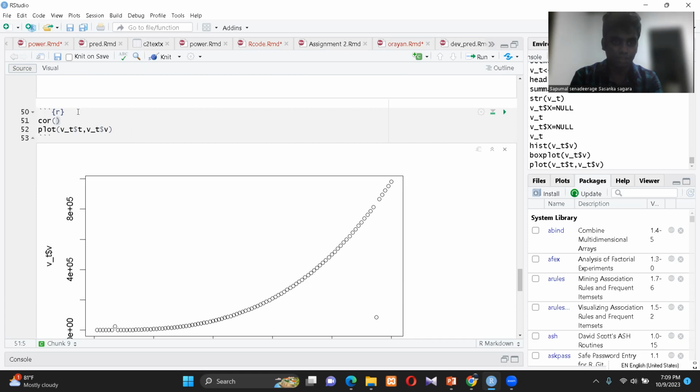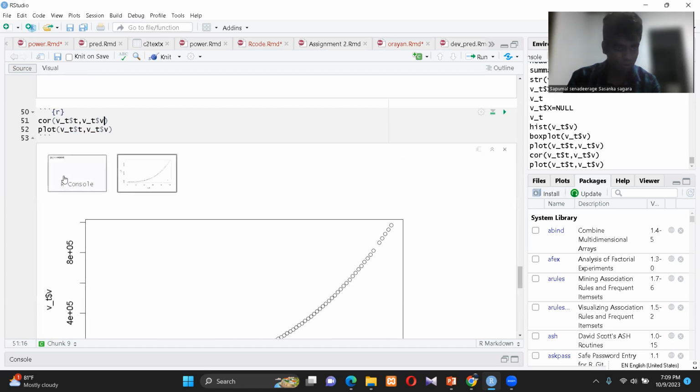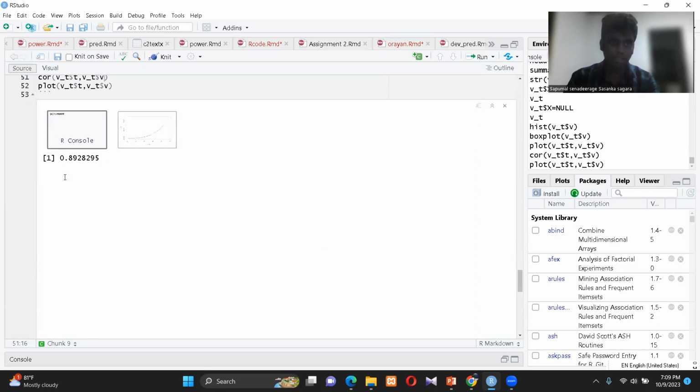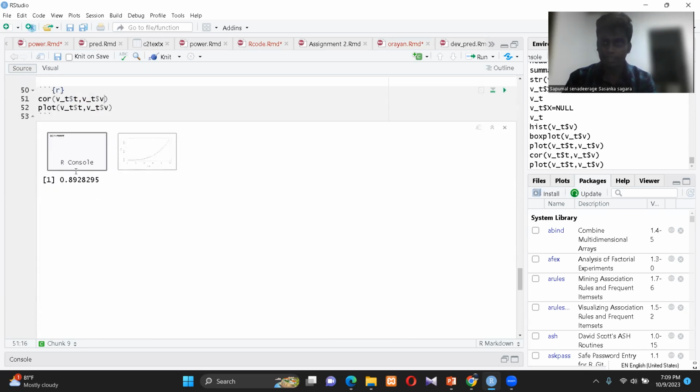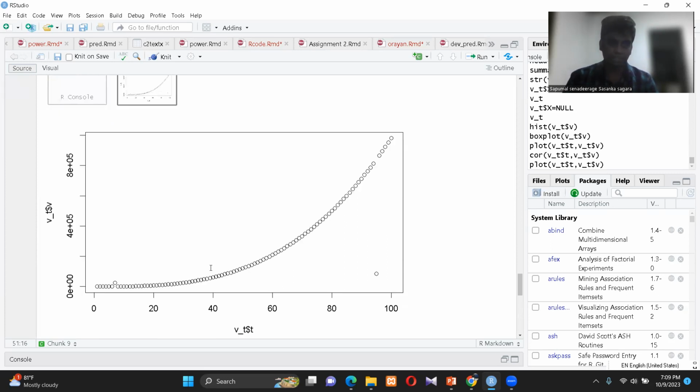The correlation coefficient between these two is 0.89. Linearity is explained strongly, but you can see it is not a linear relationship when we take a look at the scatter plot, right?